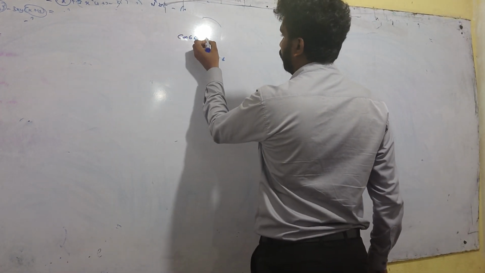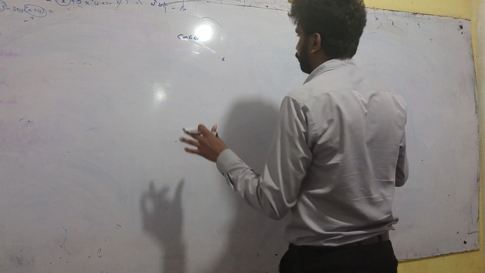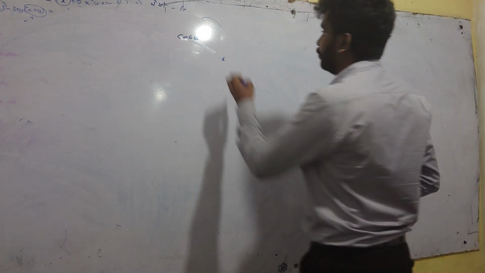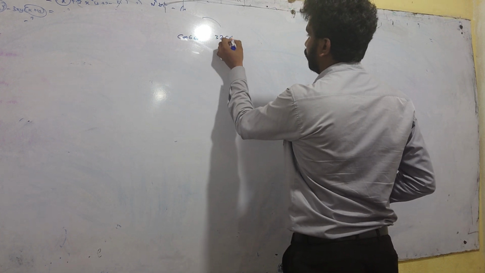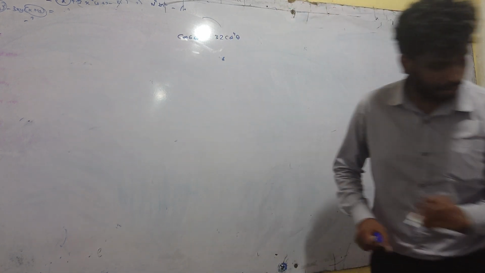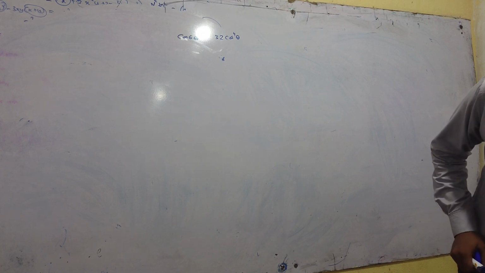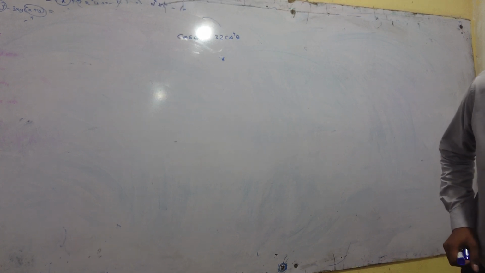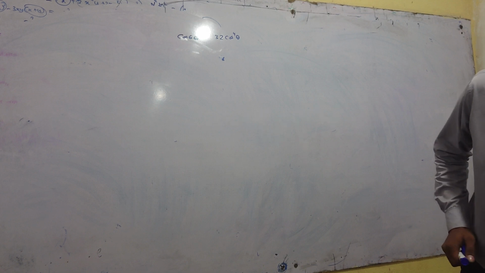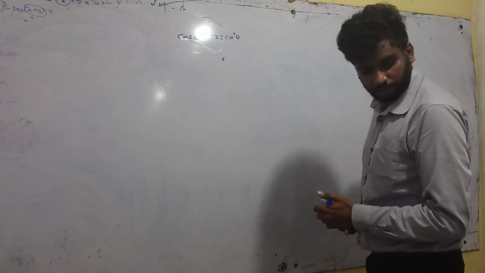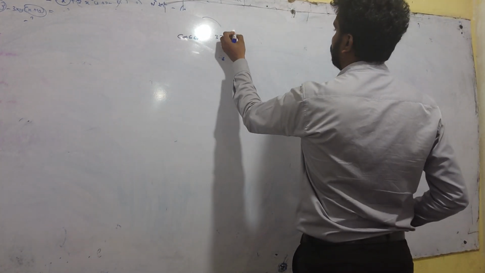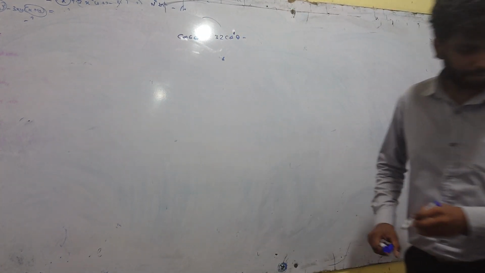I recall cos 6 theta, you are supposed to show something when cos 6 theta equals 32 cos to the power 6 theta minus 48 cos to the power 4 theta.